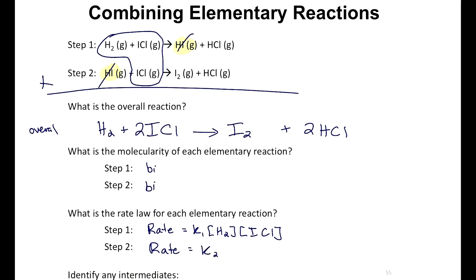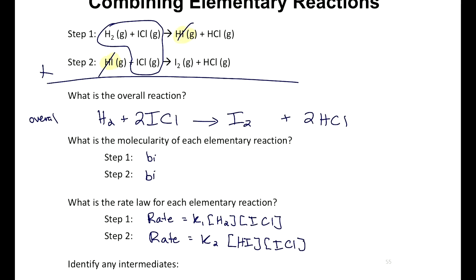I'm going to call it k2, and the rate is equal to k2 times the concentration of HI times the concentration of ICl. So that's it. You just take, finally we are allowed to just take coefficients and turn them into exponents here.